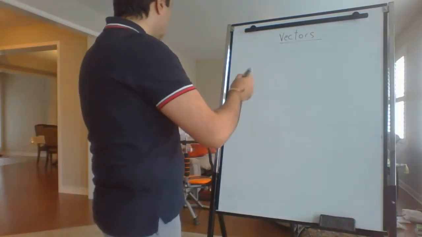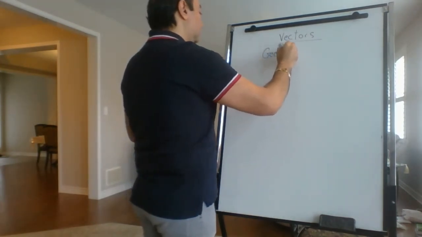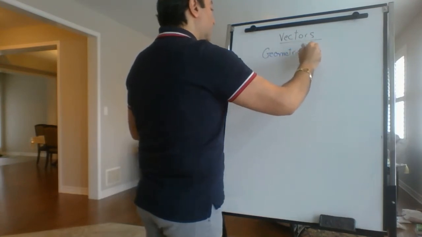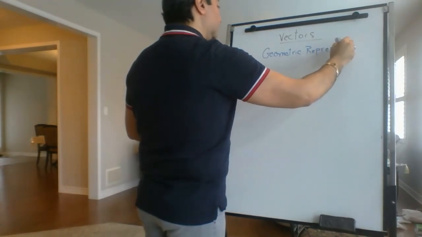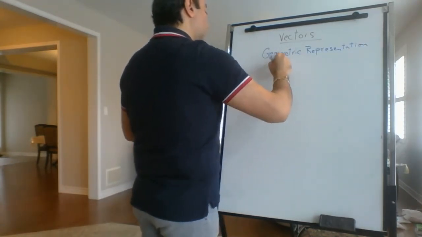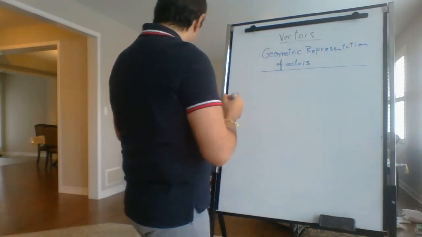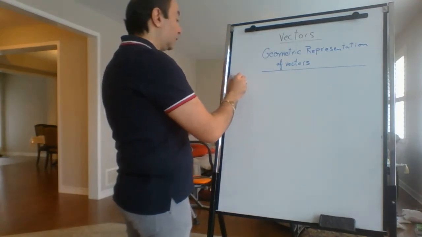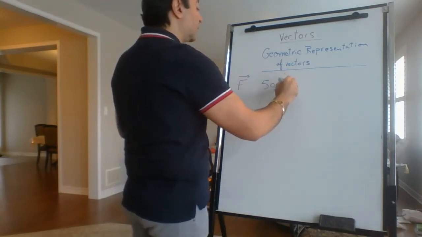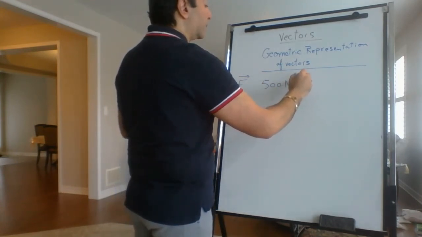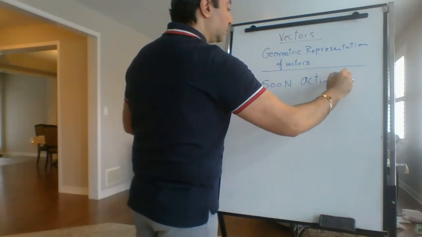Now, the geometric representation of vectors. How do we represent vectors geometrically? So let's say a force has a magnitude of 500 Newton and is acting east or acting south, anything.